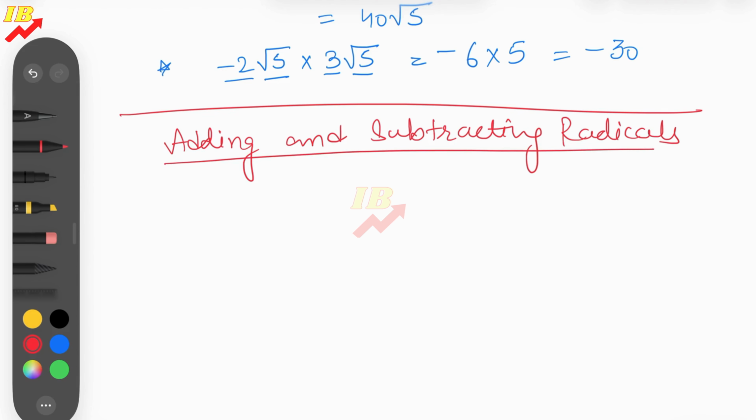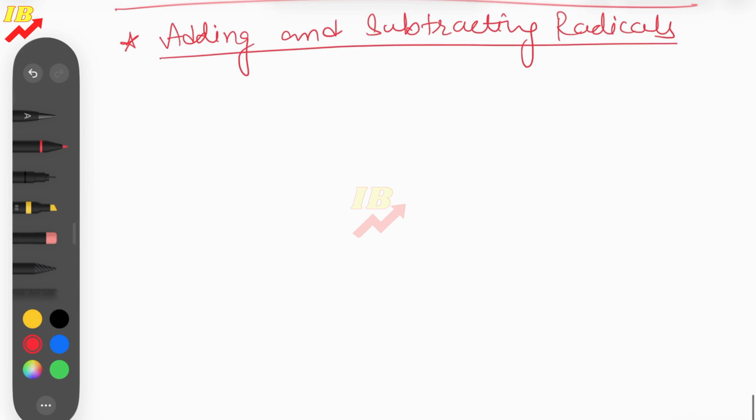For adding and subtracting, one thing is very important which you always need to remember: when you're adding or subtracting something, it should be a like radical. If you see a like radical, then you're going to add it or subtract it. Otherwise, you're going to leave the radicals as they are. Like radical means, I'll give you an example now.